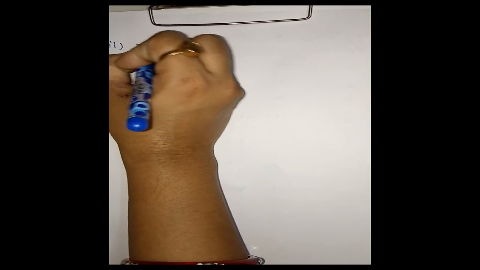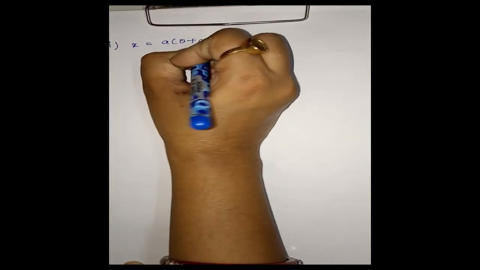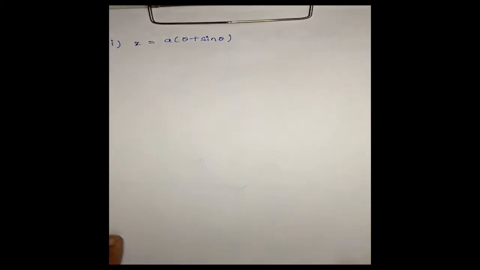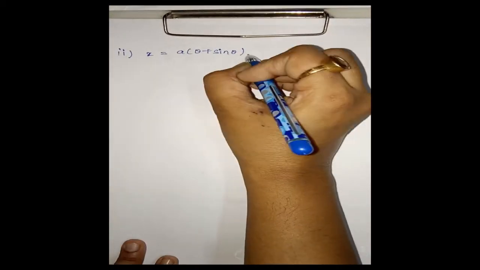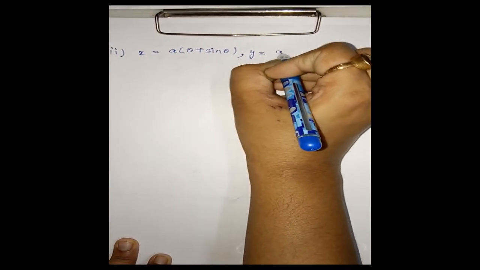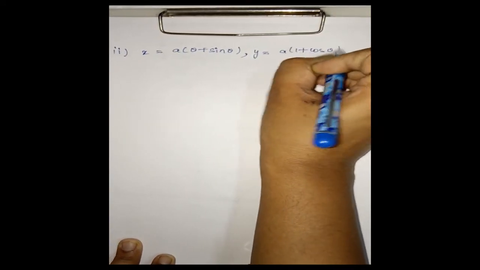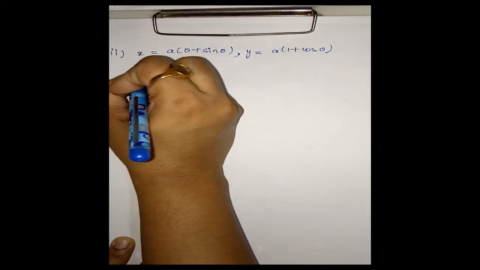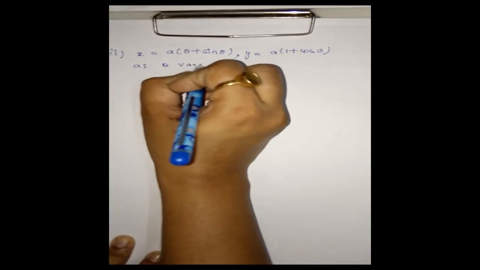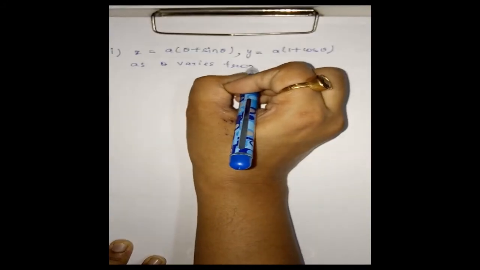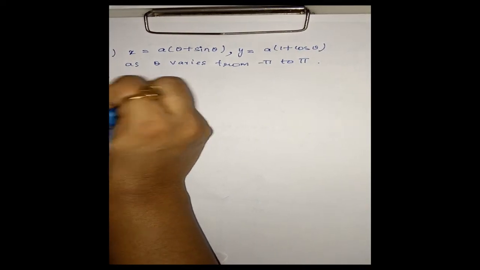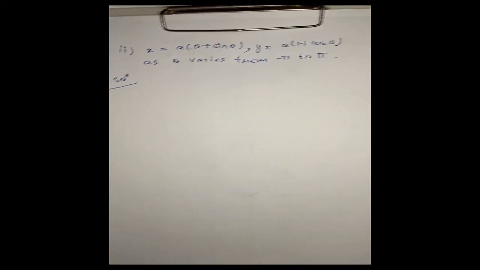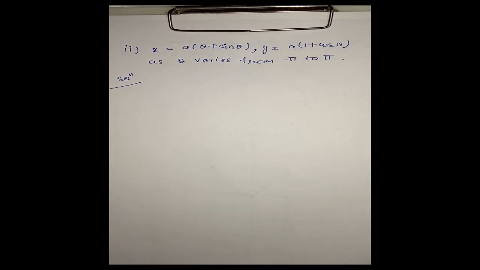Second, x is equal to a theta plus sine theta, and y is equal to a 1 plus cos theta, as theta varies from minus pi to pi. Next we have to trace this curve. Now we have to first find dx by d theta.